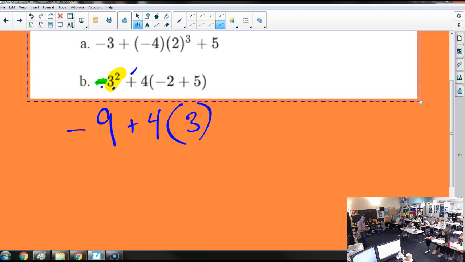Zach, what do I do now? Multiply. And bonus question, how many terms do we have? 2. So if we go back to what we talked about yesterday, this is 1 term, right?